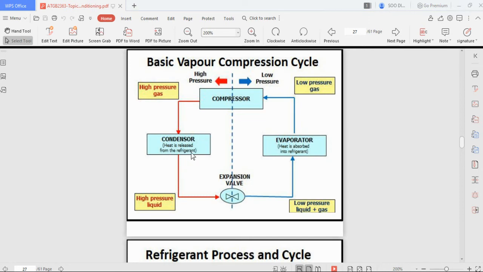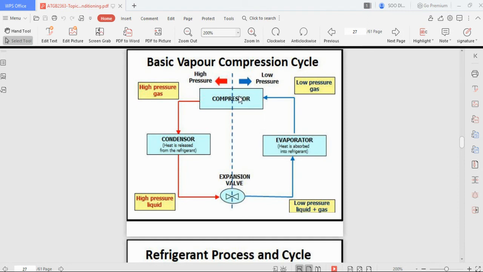Refrigerant is the gas inside this system. I will explain this in detail, but refrigerant is the gas in this refrigeration cycle.